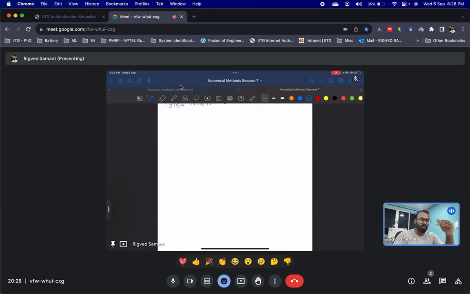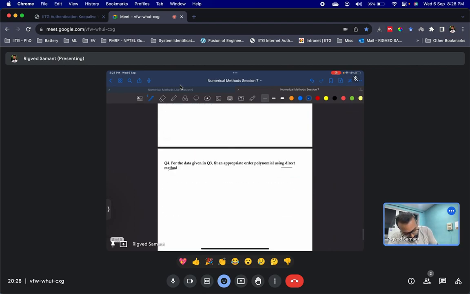Then there are 5 data points. Let's say I'll just write it down, x and y: x0, y0, x1, y1, x2, y2, x3, y3. So we have 4 data points, n is equal to 4. Then the order would be n minus 1, that is 3.